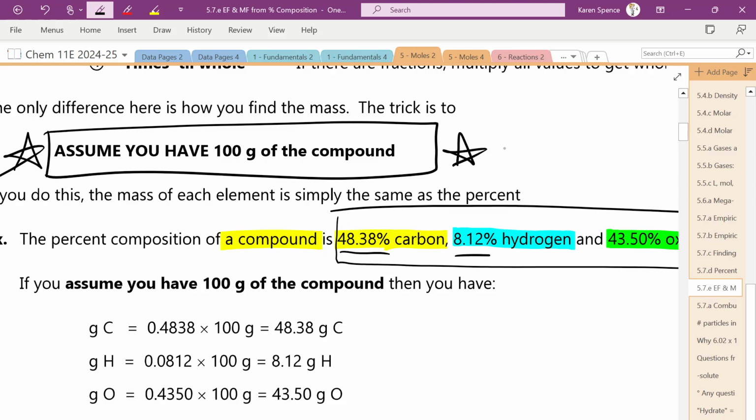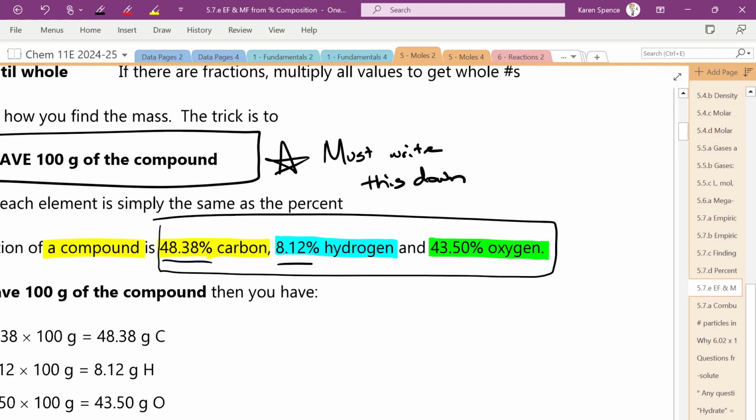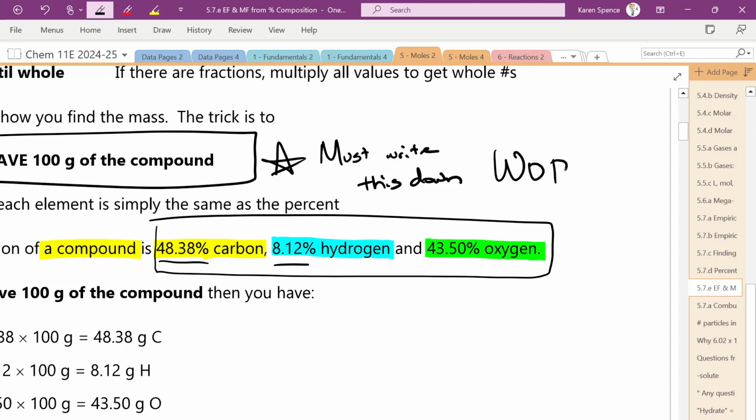And you need to write this down. You must write this down. It's worth a half a mark. Okay? Assume you have 100 grams of the compound.